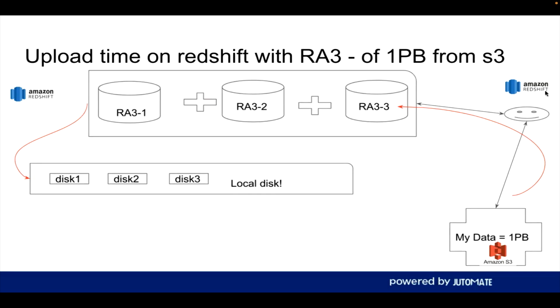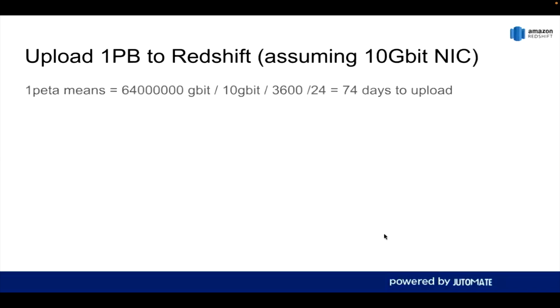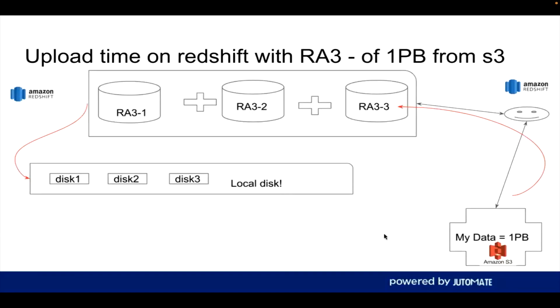If you use Redshift Spectrum, you can use the cluster's network capacity throughput to scan data directly from S3. Here, if you're using local disk, as discussed, you need to keep at least 2 petabytes worth of data, so you'll have 50% disk space and not 100%. Is this slide clear?